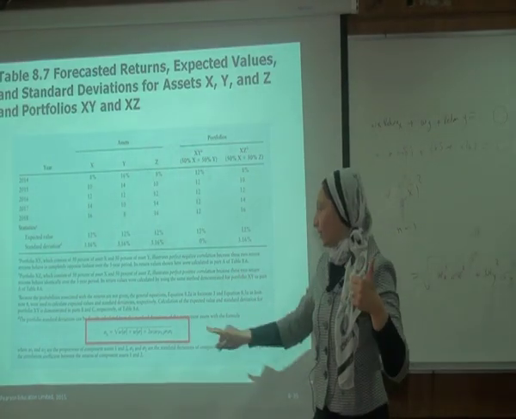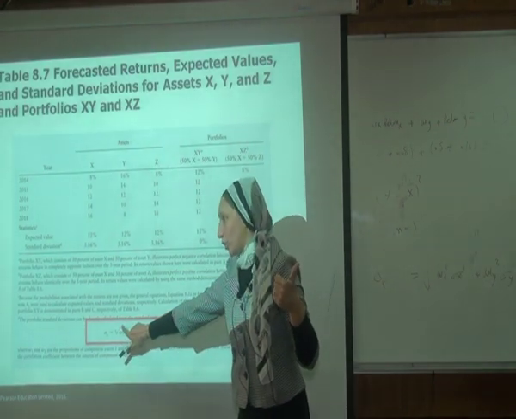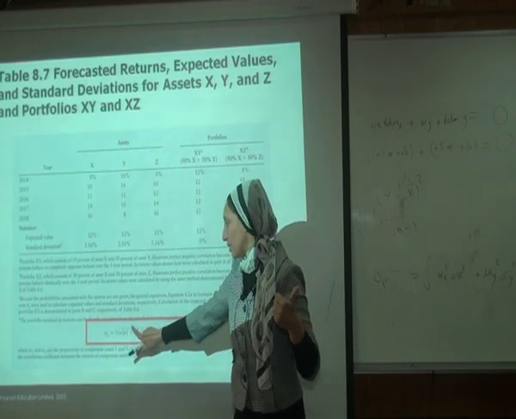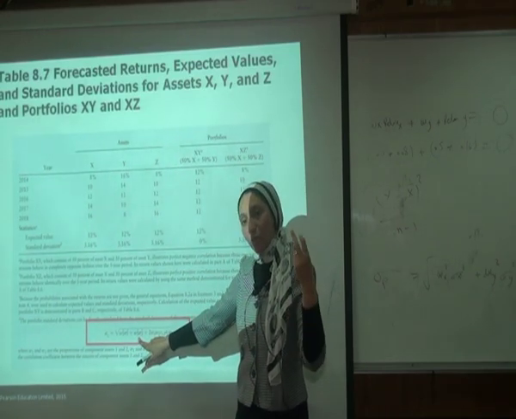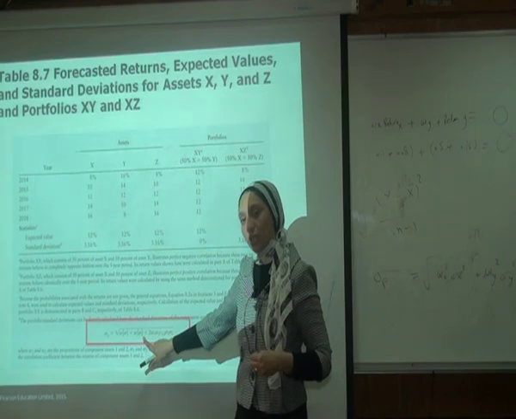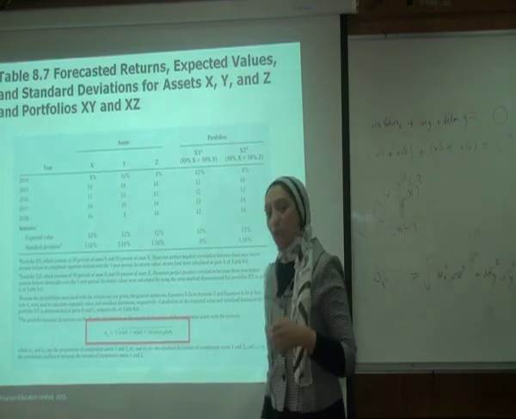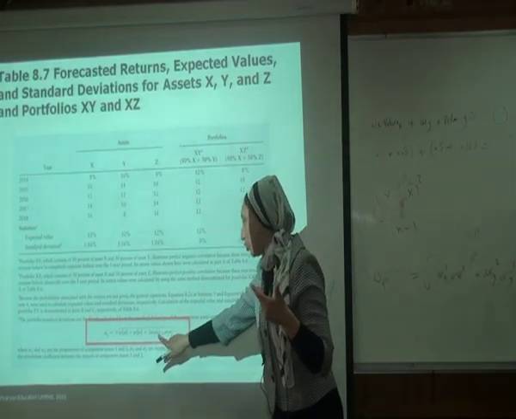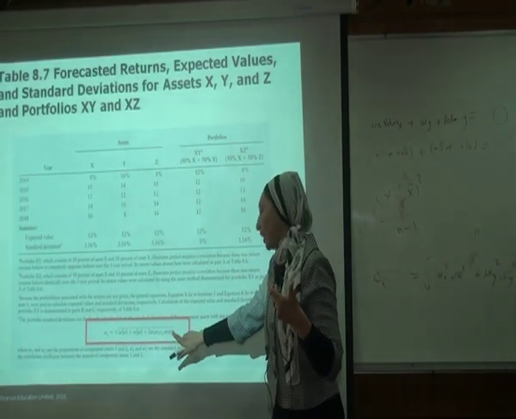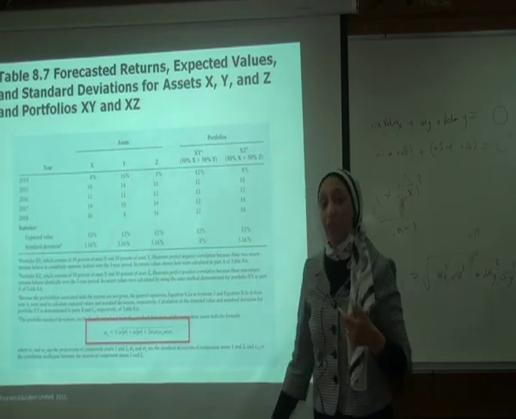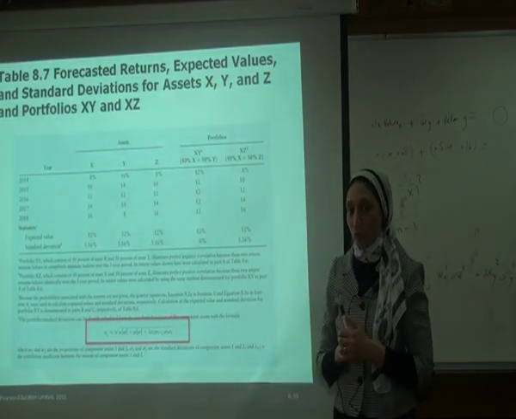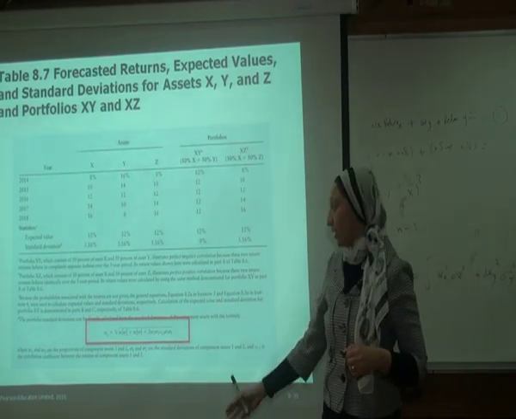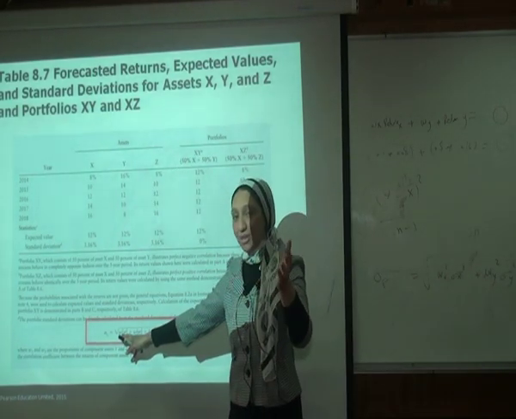So you will get weight of stock 1 power 2 multiply standard deviation of stock 1 power 2, plus weight of stock 2 power 2 multiply standard deviation of stock 2 power 2, plus 2 multiply the weight of stock 1, weight of stock 2, sigma of stock 1, sigma of stock 2, multiply the correlation coefficient of stock 1 and 2.